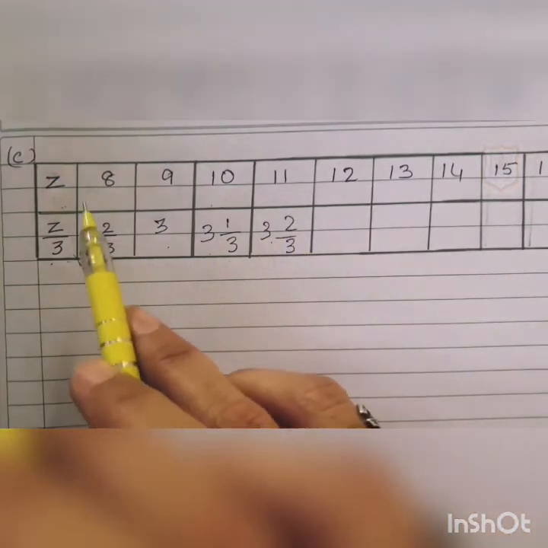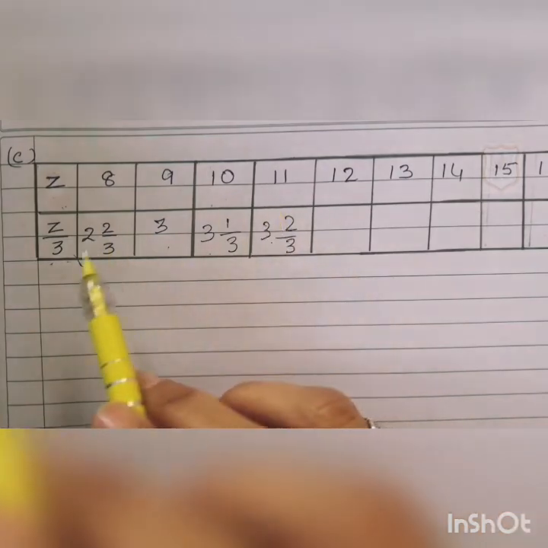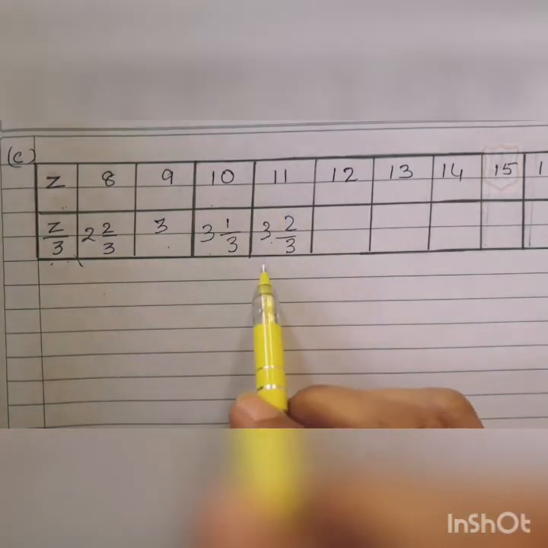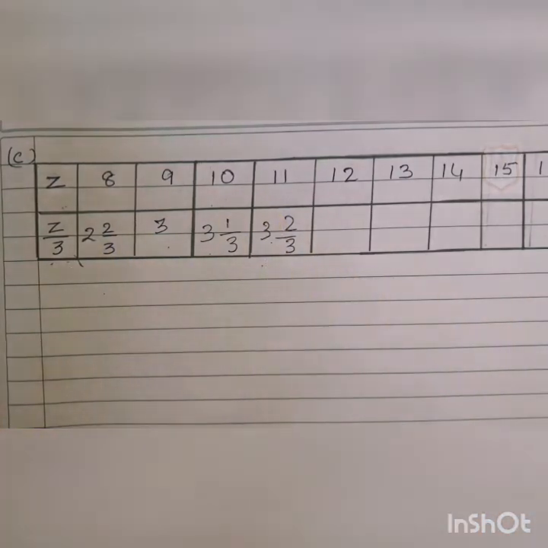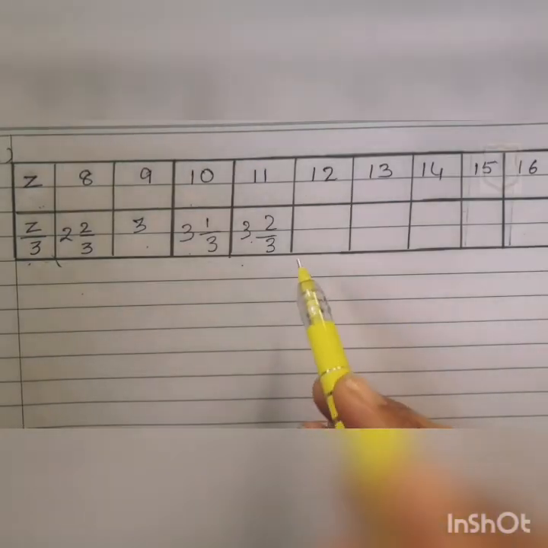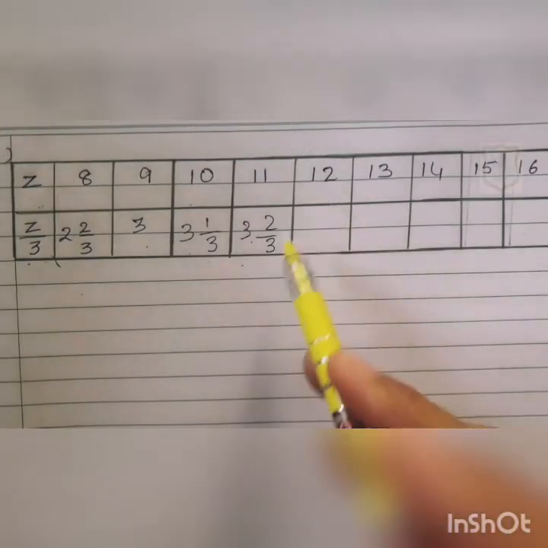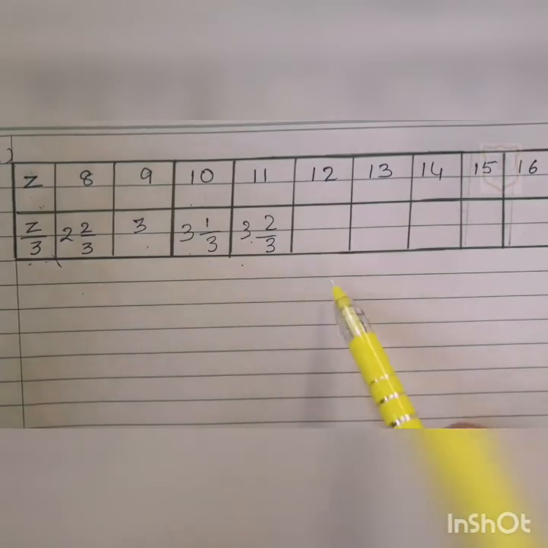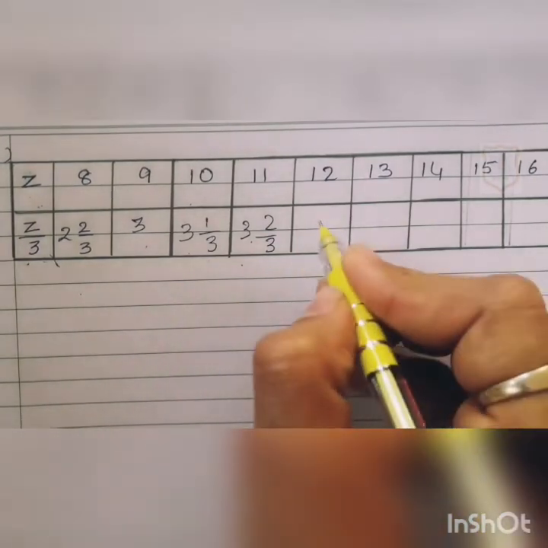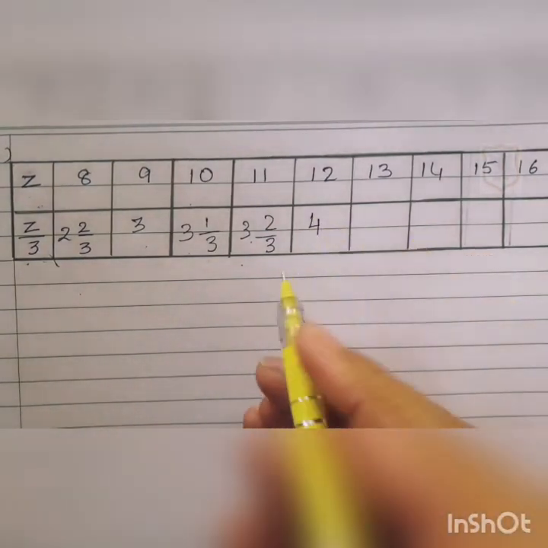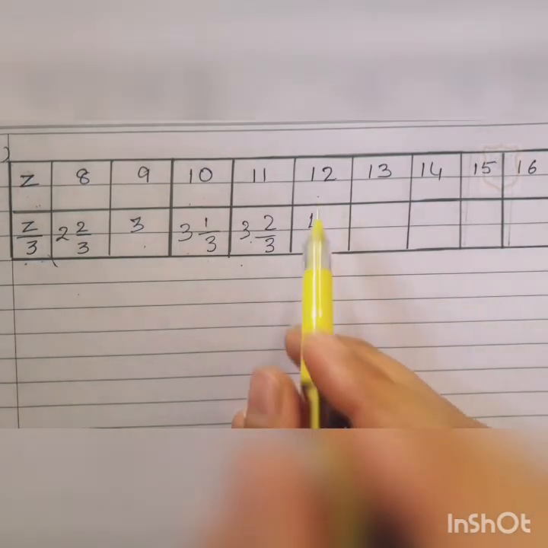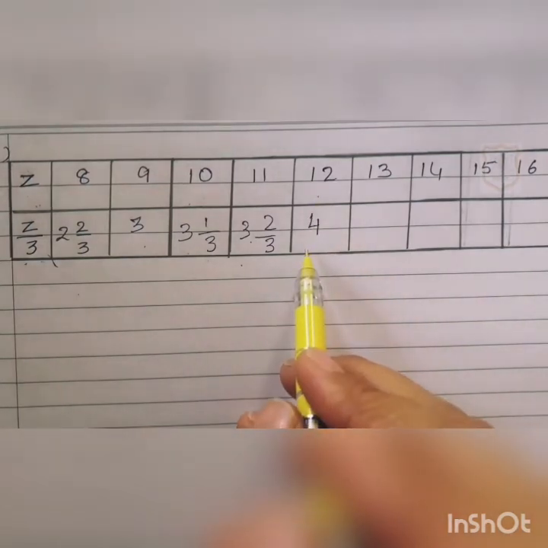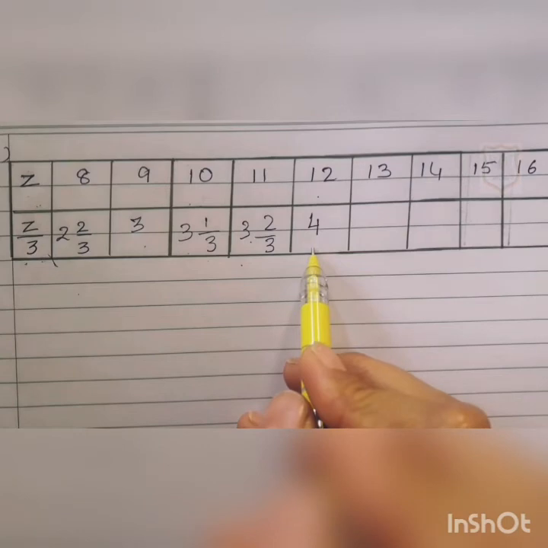So when z is equal to 11, z upon 3 is 3 whole numbers 2 upon 3. Now when z is equal to 12, then z upon 3 will be 12 divided by 3. When we divide 12 by 3, we get 4. So when the value of z is 12, the value of z upon 3 is 4.